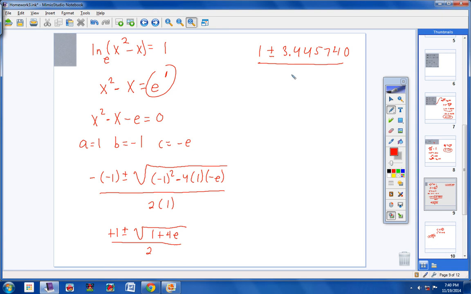So guys, with your calculator, if you take 1 plus this number here divided by 2, you will get 2.223.